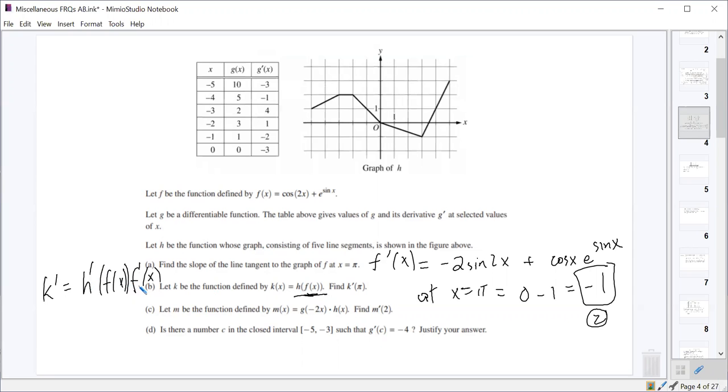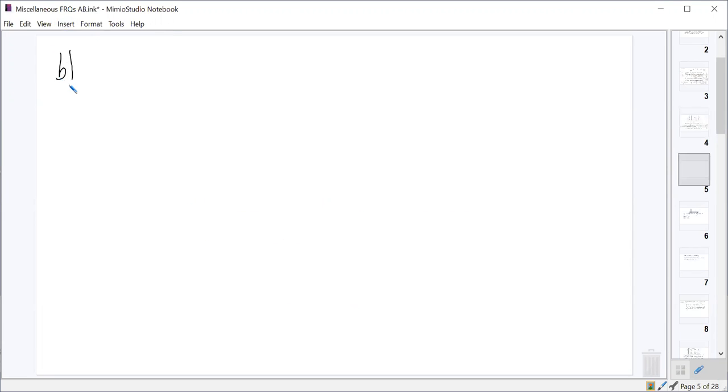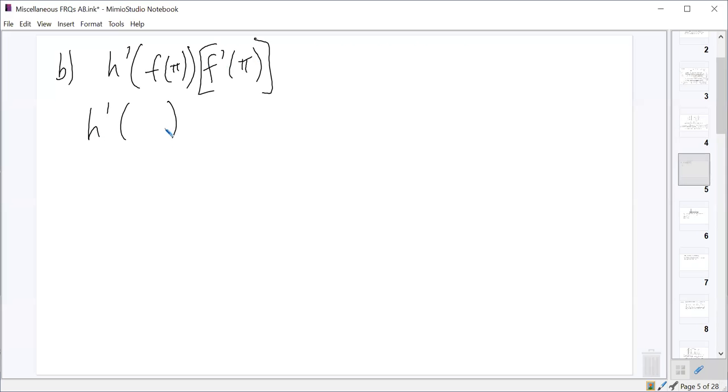So we are looking for h prime of f of pi times f prime of pi. So that ought to be h prime of something times f prime of pi, which is what? We just found that, right? That was -1.